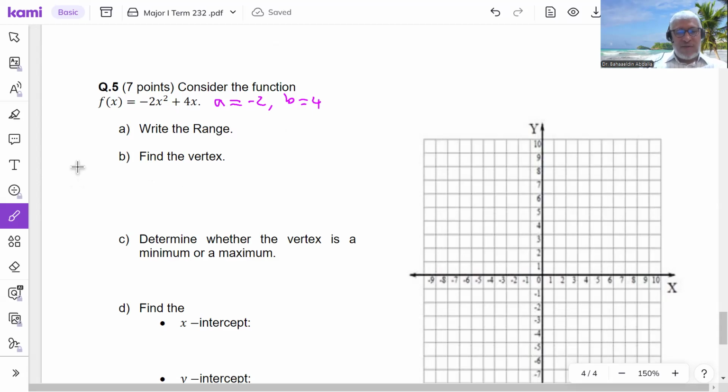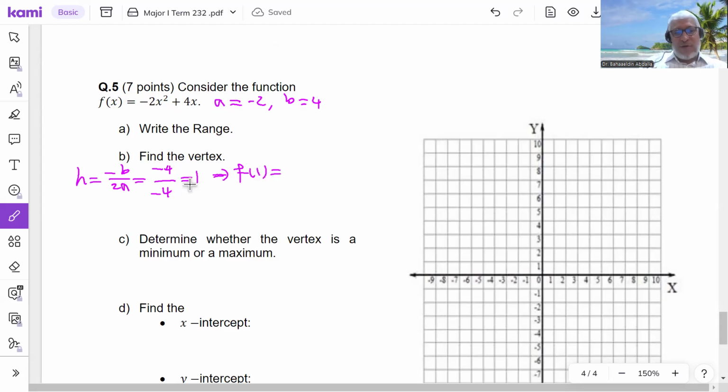Well, to find the vertex, I find h. We said that h is -b over 2a. So -b, b is 4, so -b would be -4. A is -2 multiplied by 2, so it is also -4, so h is 1. Now to find k, I need to find f of 1.